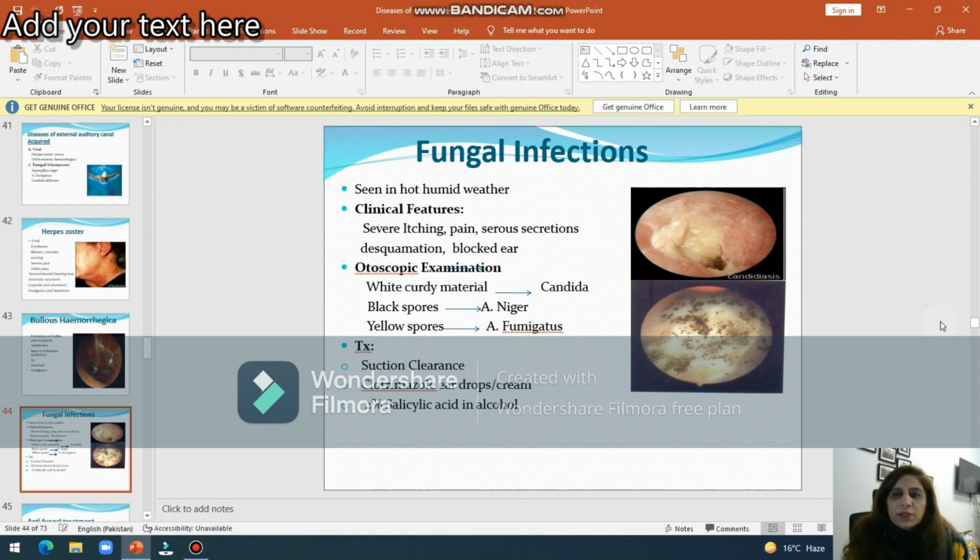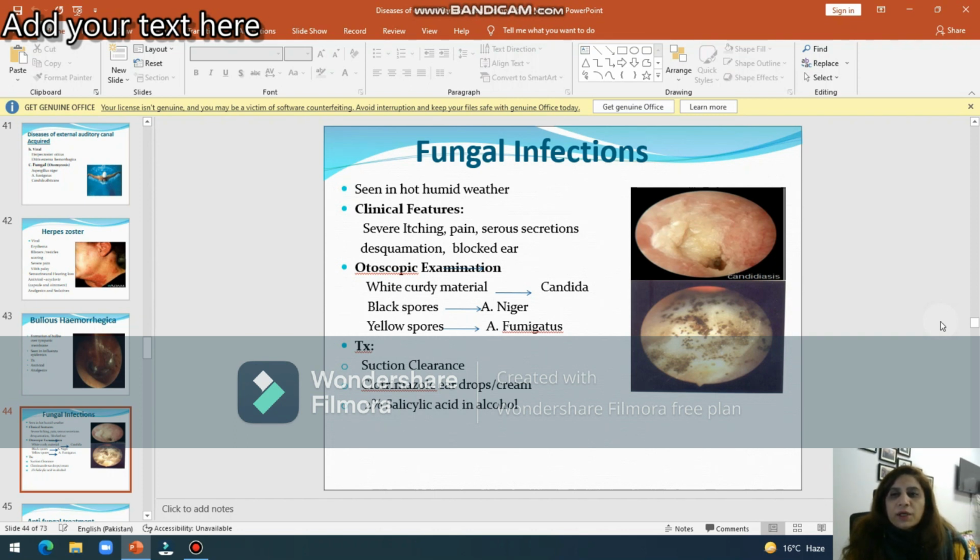After itching, the patient will develop pain, then serous secretions coming out of the external auditory canal, because the external auditory canal contains serous glands. So it will be serous secretions. If there is secondary bacterial infection, then pus will also come out, and this pus will not contain mucin, so it will not be sticky in nature.